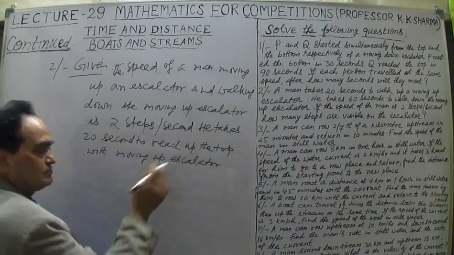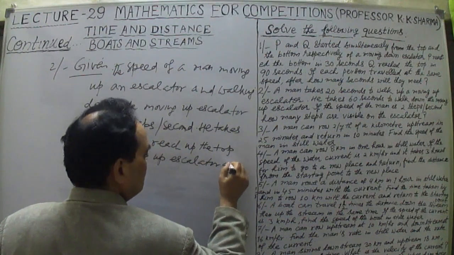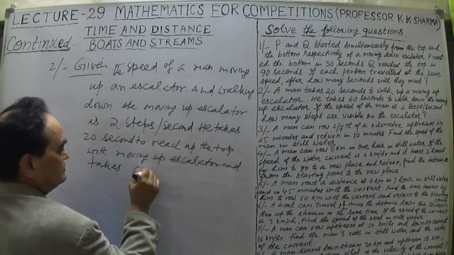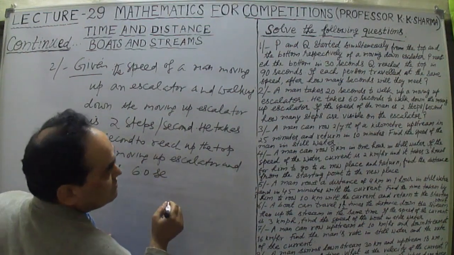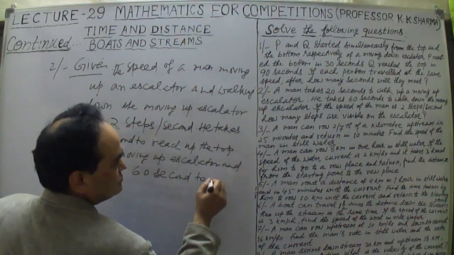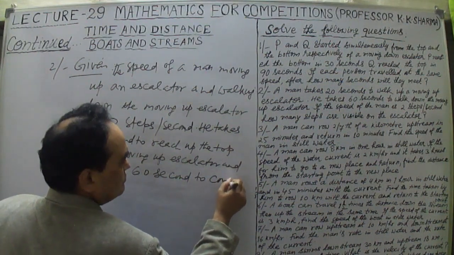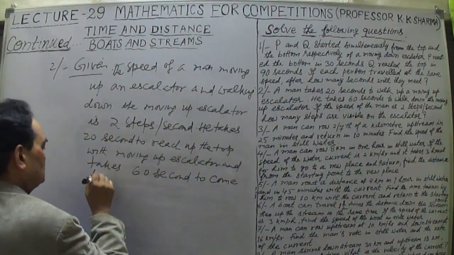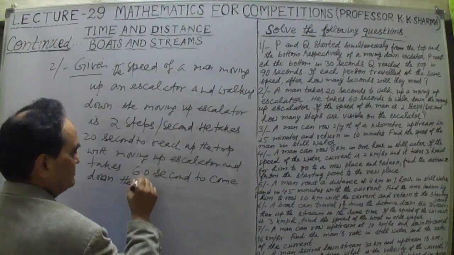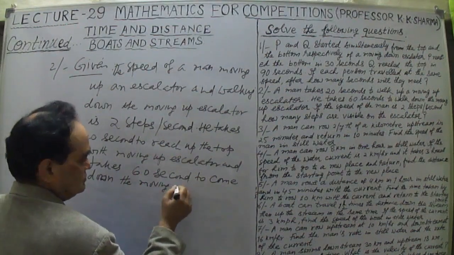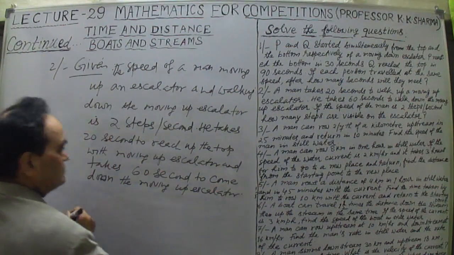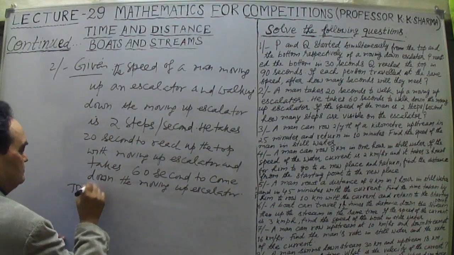Here the escalator is moving up. That is the speed, and he takes 60 seconds to come down, again with the moving up escalator. This is given to us.